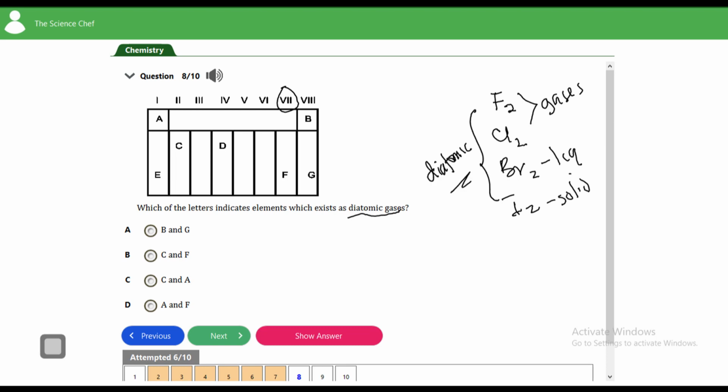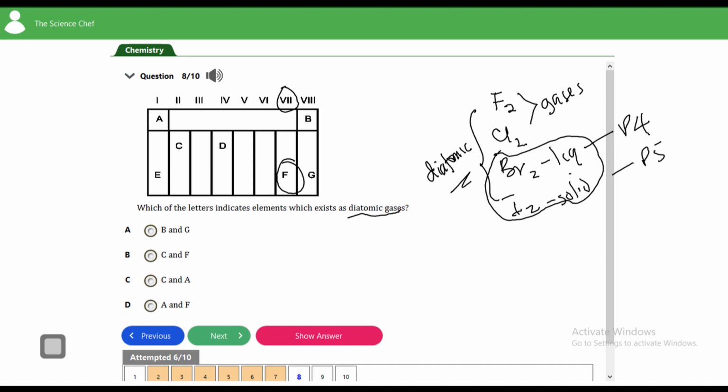So, since we are talking about gases, obviously these two will not be there. And this one is in period 4, while this one is in what? Period 5. But what we have in your syllabus ends at period 3, right? Chlorine is in period 3, fluorine is in period 2, right? So it's very likely that F here is what? Chlorine.